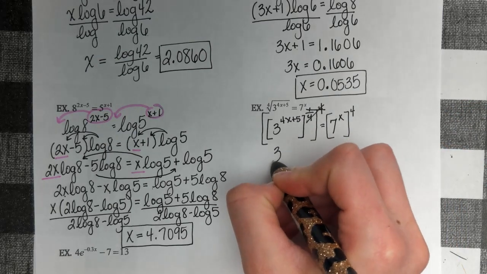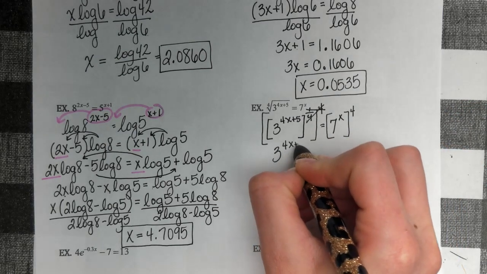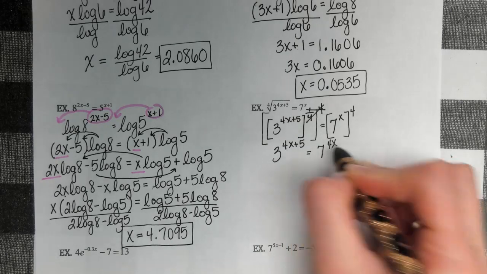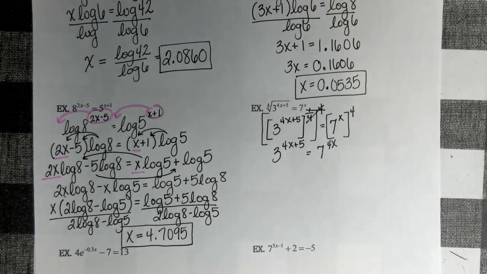That will leave me with just 3 to the 4x plus 5 equals 7 to the 4x. To me, I'd rather do that. Okay? Get rid of that fraction. But you have to know that that radical means you can put it as that fraction, that rational exponent.